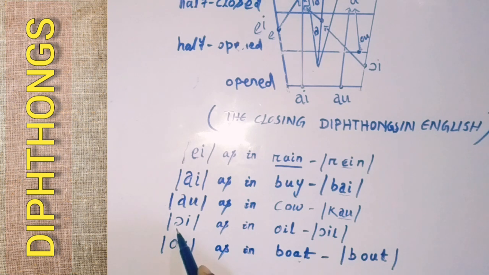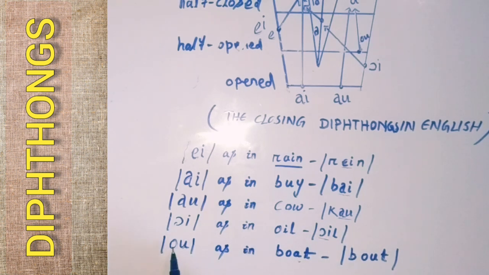Then next is /ɔɪ/ as in the English word oil, written like this: /ɔɪl/, with the L sound, put within two bars.